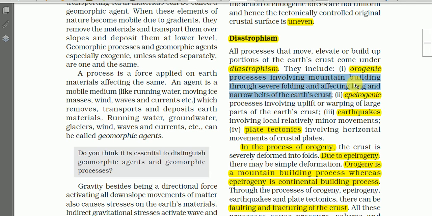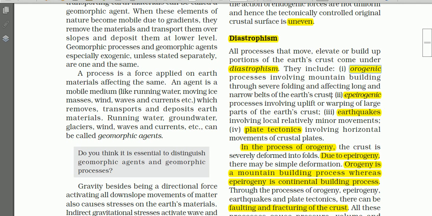The first one is orogenic, and the orogenic processes are those involving mountain building through severe folding and affecting long and narrow belts of the earth crust. The word orogenic is derived from the word oros, which means a mountain.